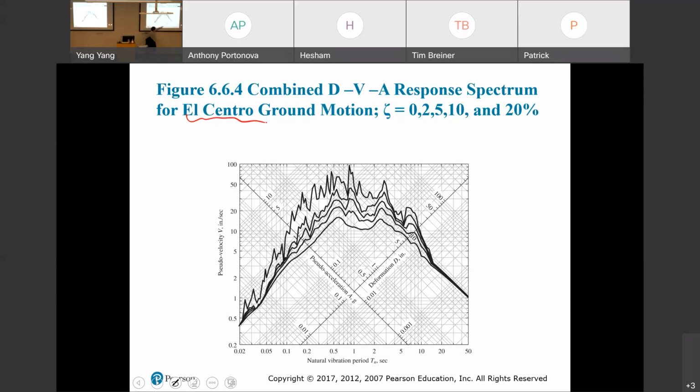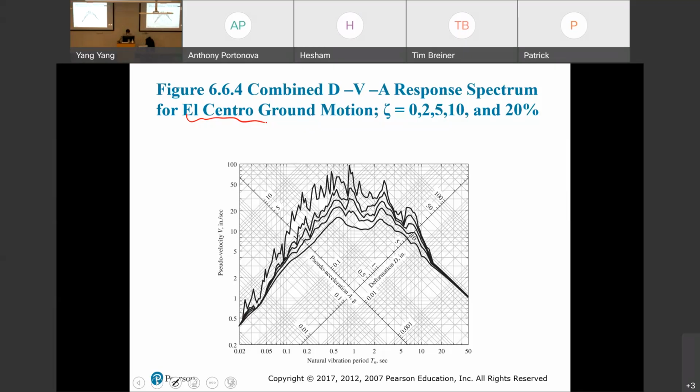As you can see here, typically the response spectrum will be given with the x-axis as the natural frequency of the structure, right? And the vertical y-axis is the pseudo velocity, this axis is giving us the pseudo acceleration, and this one is giving us deformation.